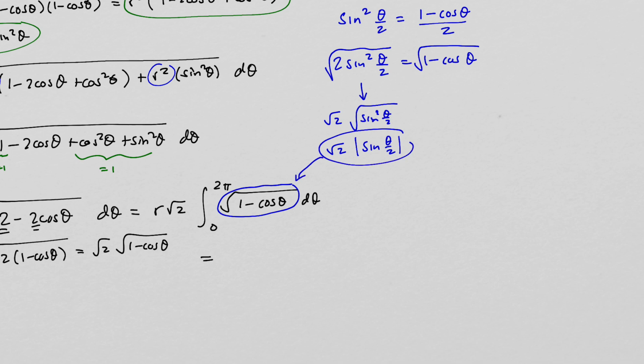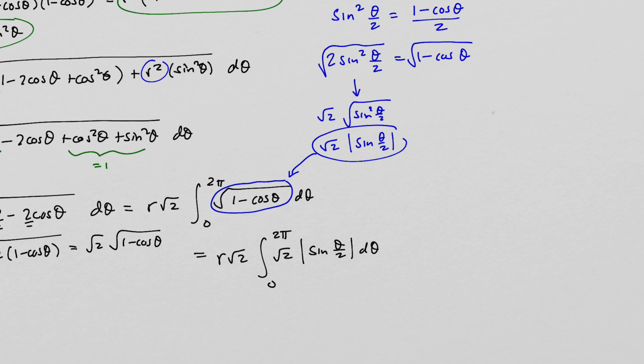And so this becomes r radical 2 integral 0 to 2 pi radical 2 times the absolute value of the sine of theta over 2. Now when you pull this radical 2 out here, radical 2 times radical 2 is going to be 2. So we will have 2r integral from 0 to 2 pi absolute value of the sine of theta over 2.